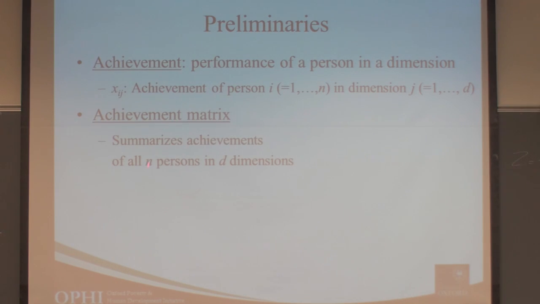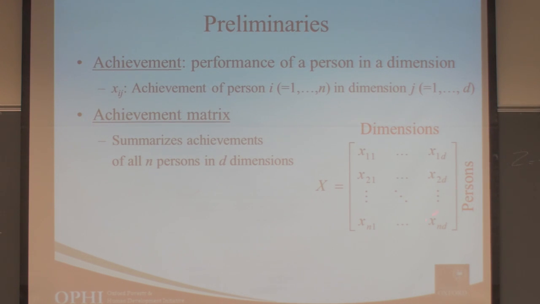We'll be using some matrix notation, and an achievement matrix would summarize all the d achievements of all the n persons. This is a particular matrix that will come back again and again. Here, capital X denotes the matrix. The columns represent dimensions, and the rows represent persons.